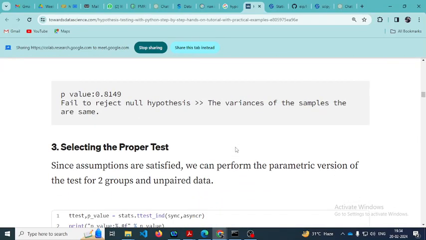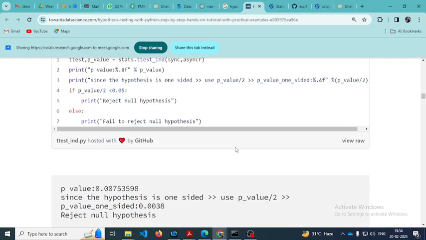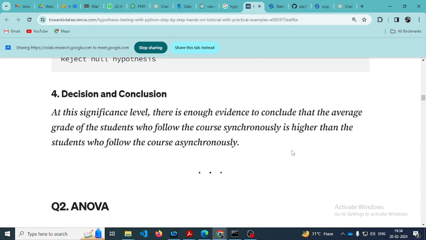So the conclusion from this hypothesis testing: the main conclusion is that you can make some decision. At this significance level, alpha 0.05, there is enough evidence to conclude that the average grade of the students who follow the course synchronously is higher than the students who follow the course asynchronously.